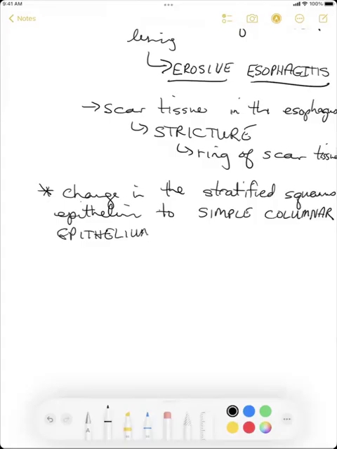It'll look very similar to the epithelium that you would find in the small intestine. This is an abnormal process. This is not normal at all. This should not happen.